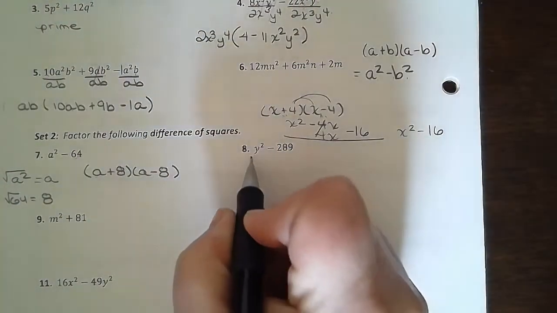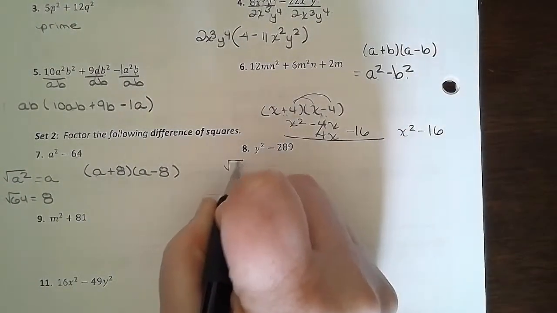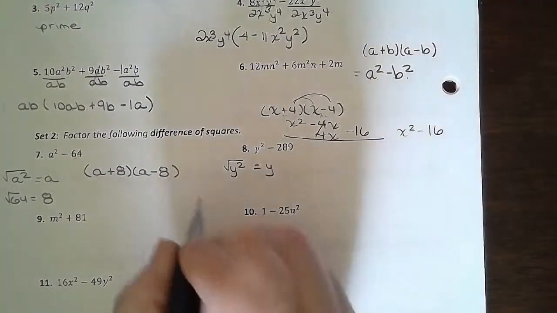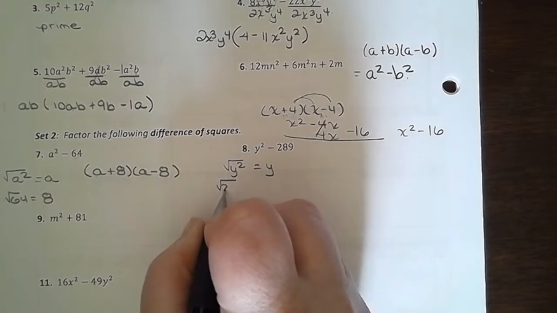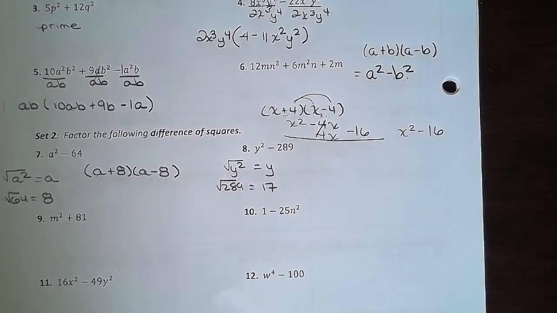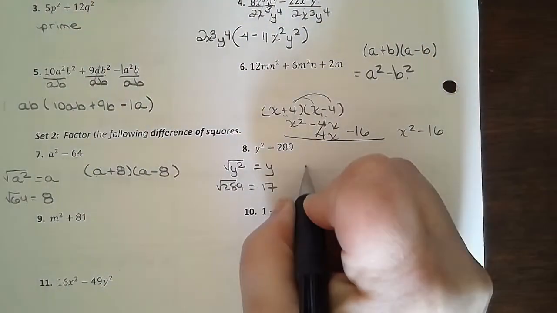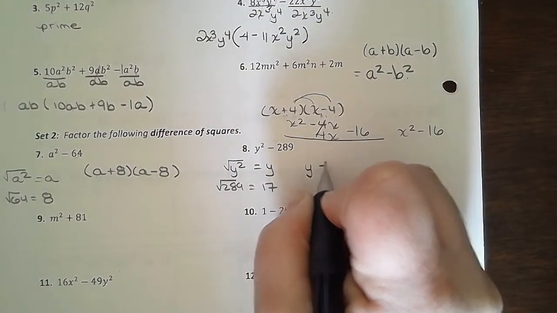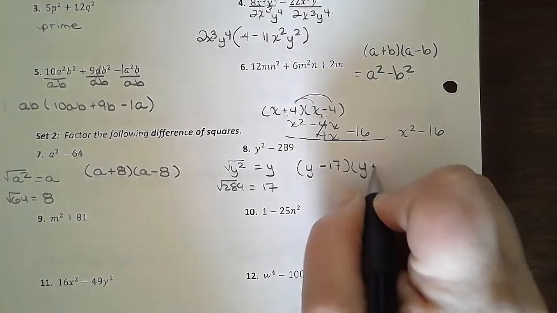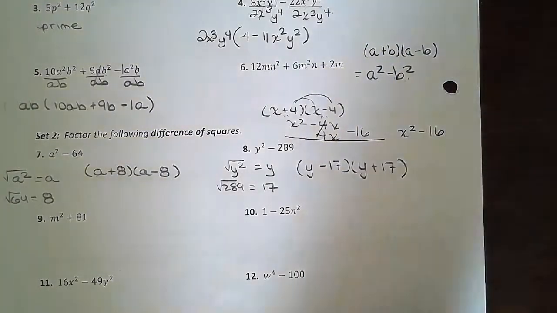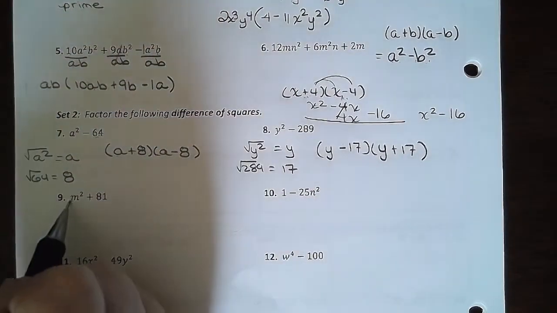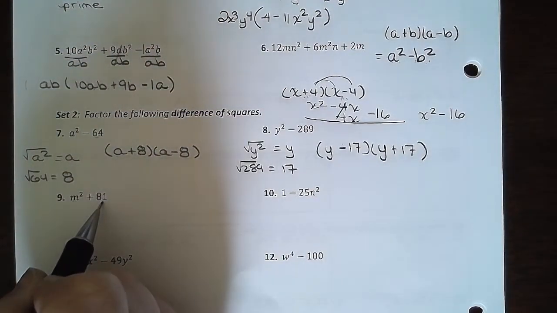Let's look at this one. The square root of y squared is just y. And the square root of 289 is 17. Okay? So I do y minus 17 times y plus 17. Okay? Now, here's another one. This one's tricky because this is a perfect square and this is a perfect square.